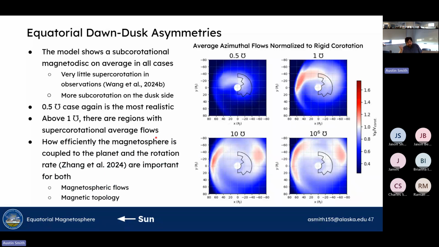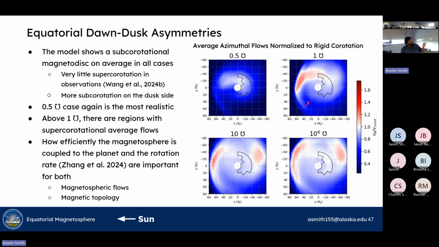Now, there was also a recent study from Zhang et al. 2024, which basically did a numerical experiment where they sped up Earth and they saw how the magnetospheric flows and the magnetic topology changed with rotation rate of the planet, and basically got to a very Jupiter-like situation.